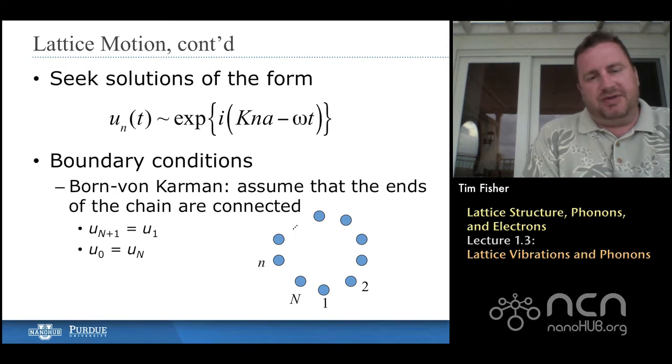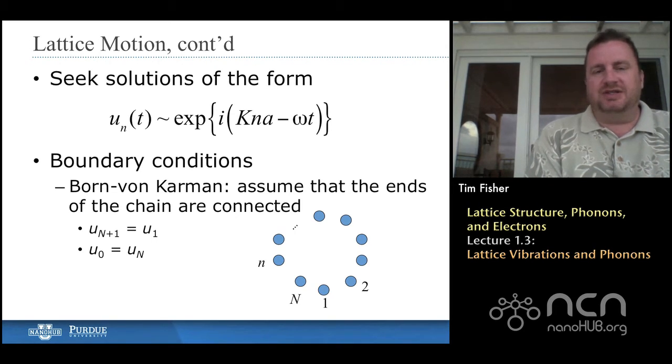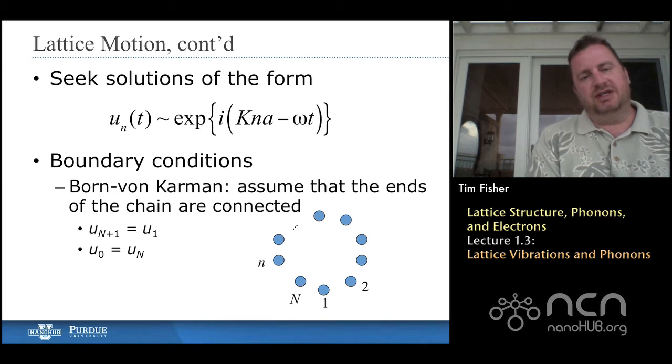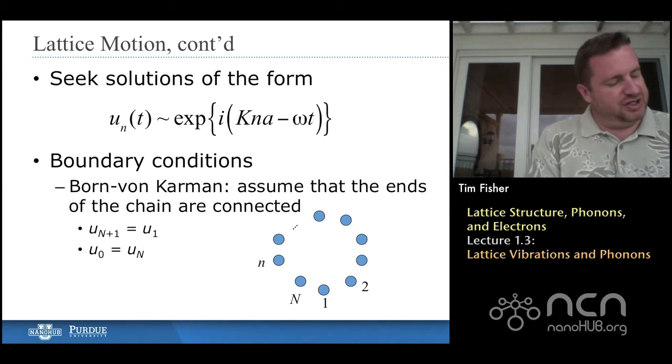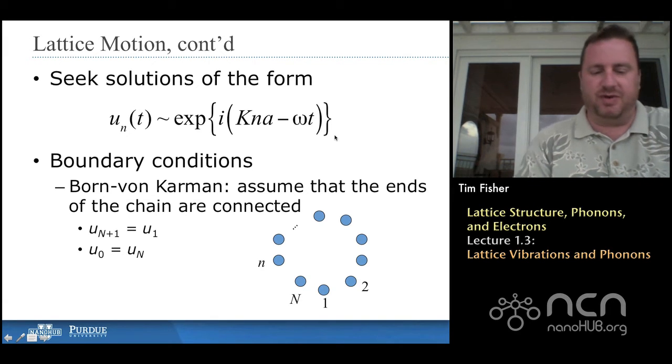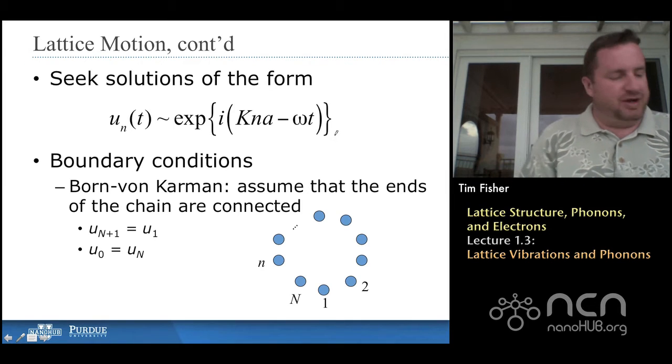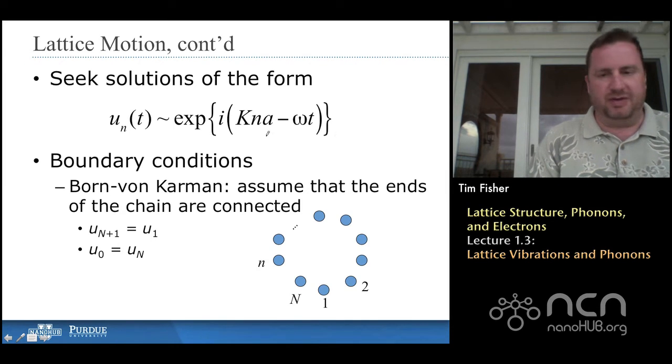It actually turns out that because of the simplified geometry we have, we can take a generic equation, and that generic equation takes the form of a plane wave, and the plane wave is listed here.